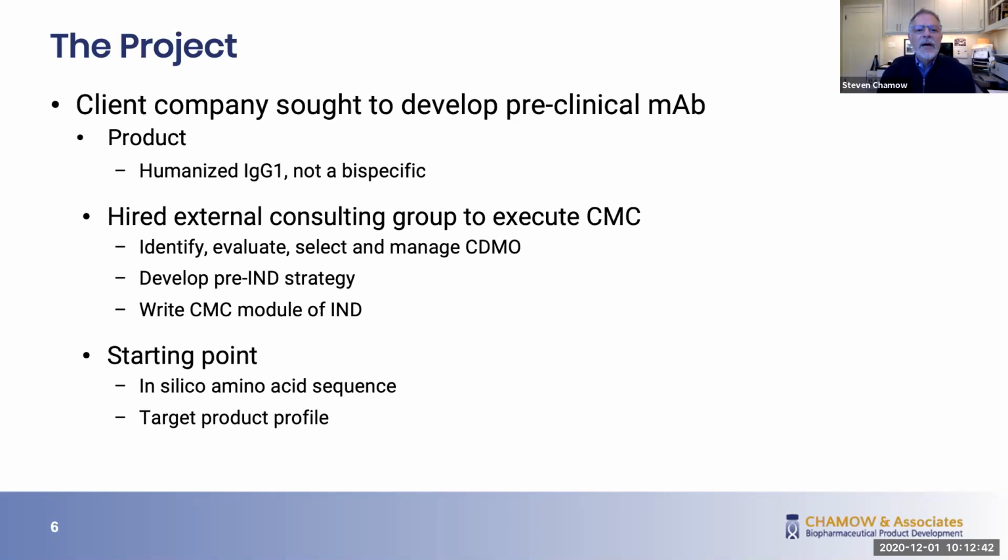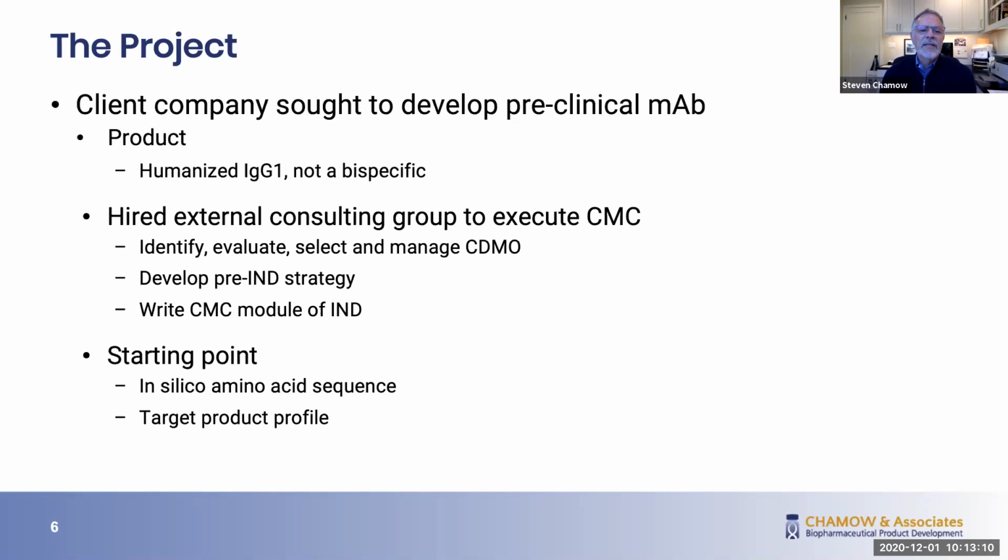This client company hired an external consulting group to execute CMC. Our role was to identify, evaluate, select, and manage a CDMO, to develop a pre-IND strategy, and to write the CMC module of the IND. Our starting point was the in silico amino acid sequence and a target product profile.